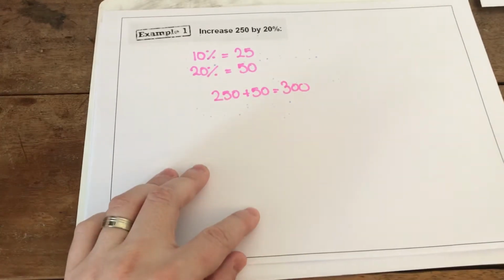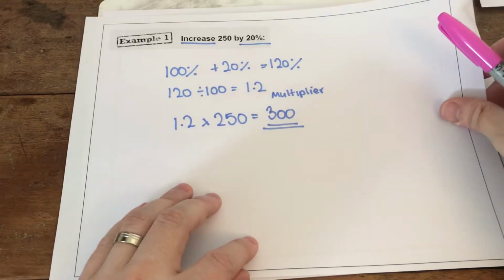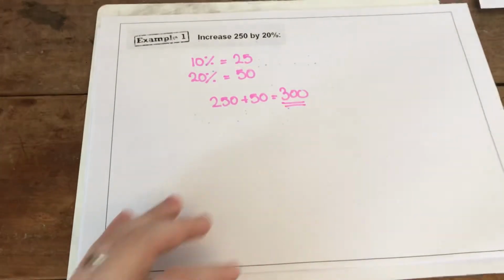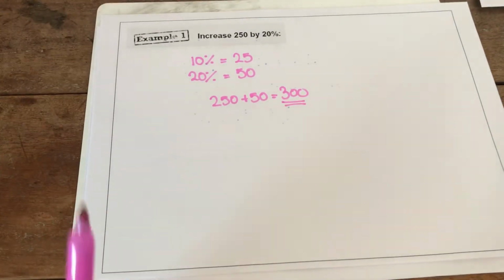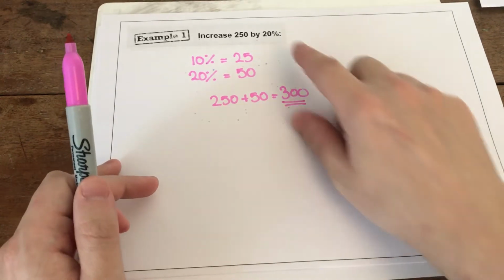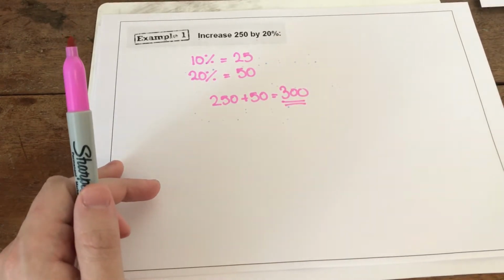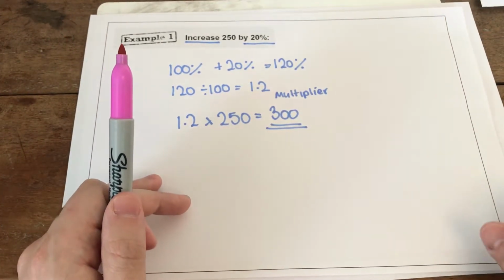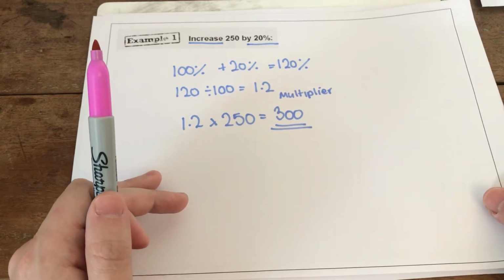So we can see both methods give me the same solution. Some methods are easier for different questions. For this question, this method looks easier because 20% is a nice, easy number. But when our increases are more difficult percentages than 20%, you may find using the multiplier the easier way to do this.